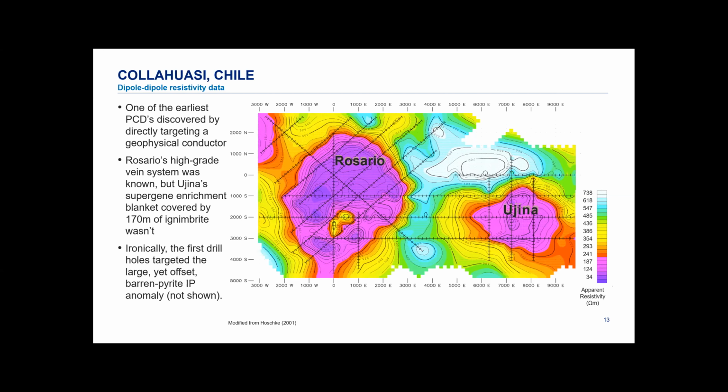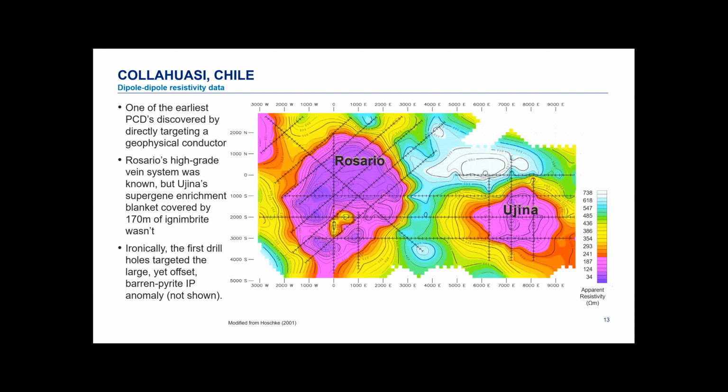So they drilled the IP and not the resistivity, because nobody believed that the copper mineralization could be so resistive. So it must be in the chargeability, and they ended up drilling the barren pyrite halo around Ujina. Finally, when they had done tons of drilling there and found nothing, someone said, okay, let's drill the center of this resistivity blob. And that's where they intersected this massive supergene chalcocite blanket.